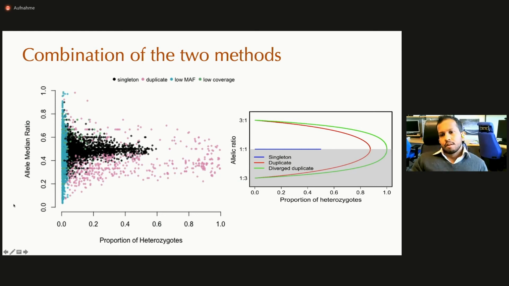Here in the black cloud, as you can see, it follows the natural spread expected from SNP deviation, and we can also see duplicates here, which follow pretty much this curve. We have also added another component, where we flag some of the SNPs when the minor allele frequency is too low to actually detect duplicates. That means we have too few heterozygotes for those SNPs.